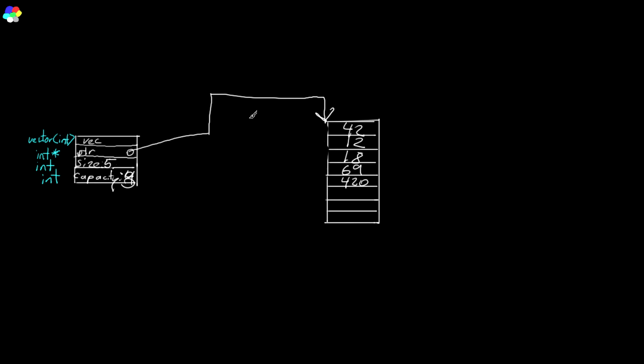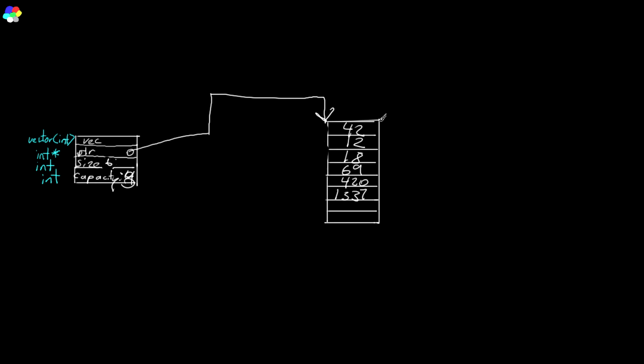And what happens now when we do another push back? Well, if we do another push back, we look at our capacity and our size. We see that we have extra capacity, so we don't have to reallocate. Now all we do is create a new object, or copy a value into the next unused spot, and update the size. So by growing extra space, we reduce the number of reallocations and deep copies that we need to do.